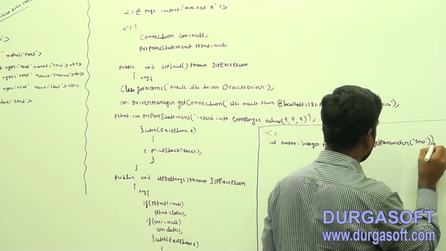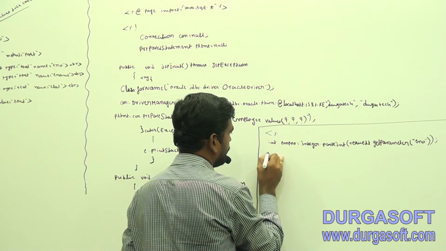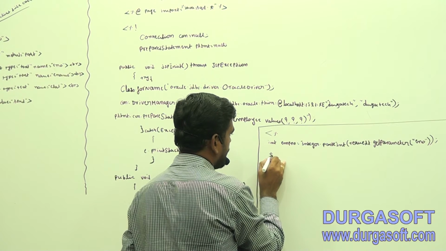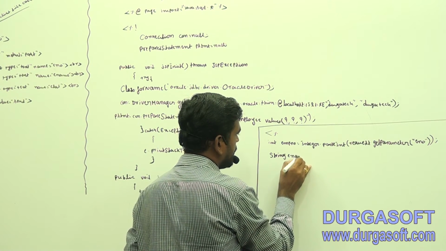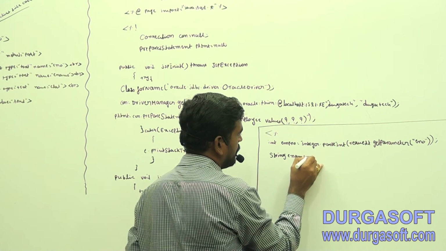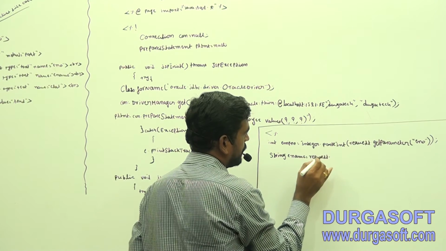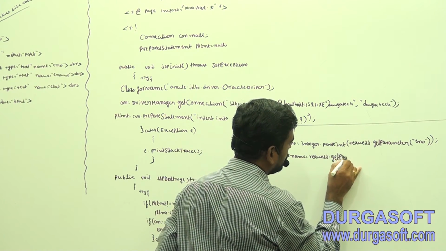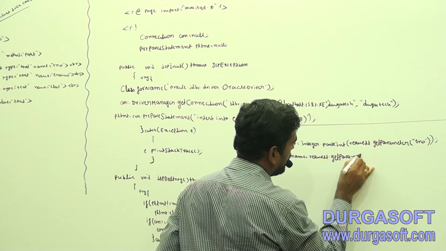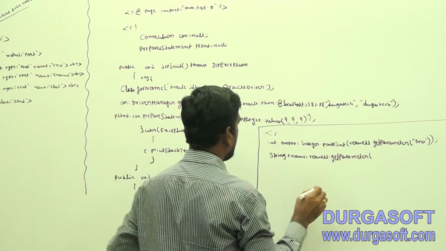Then next, after that, the next parameter. So now String ename is equal to request dot getParameter of what is the name here? ename.